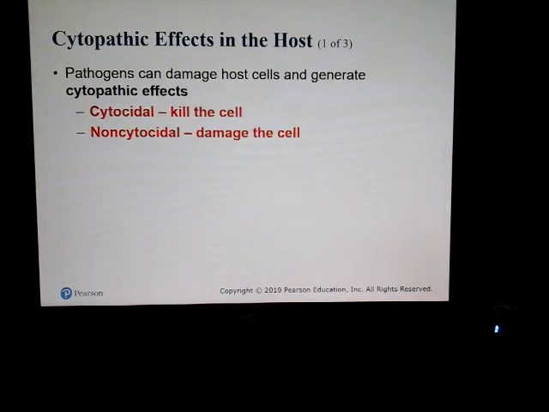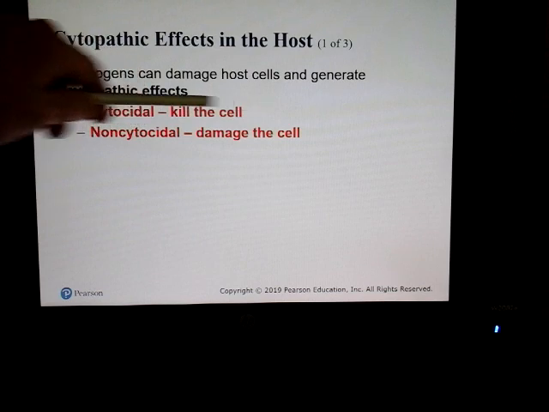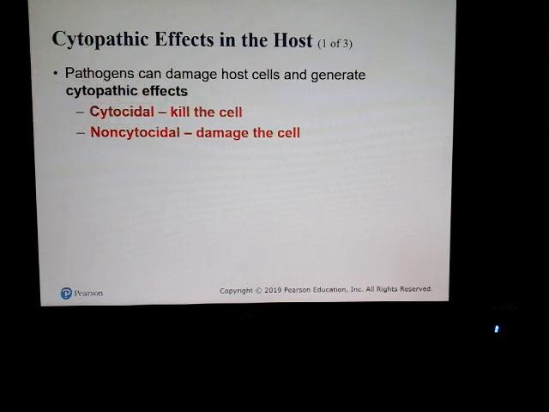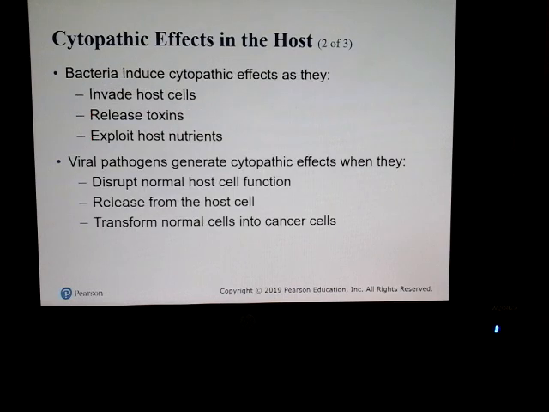So what are the effects then on our cells if we get an infection? Well, one thing that can happen is you can kill off the cell. So if it lyses, then it's going to be dead. But sometimes they just damage the cell in other ways. The cells can grow, but they're not going to be doing a good job of surviving. Now, what can happen then for the cytopathic effects?